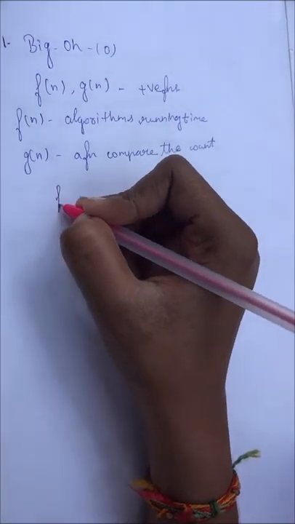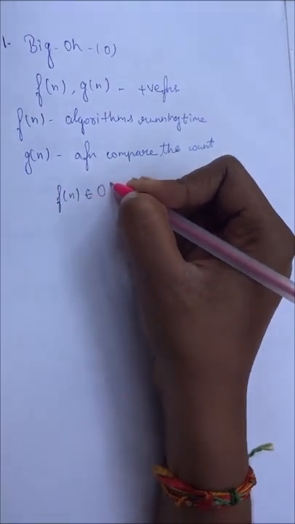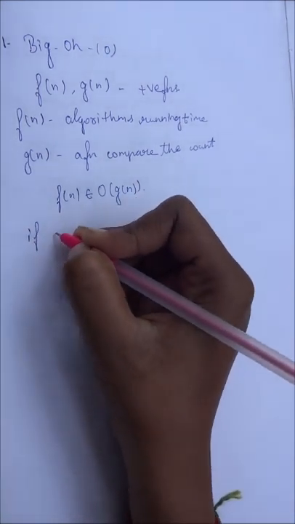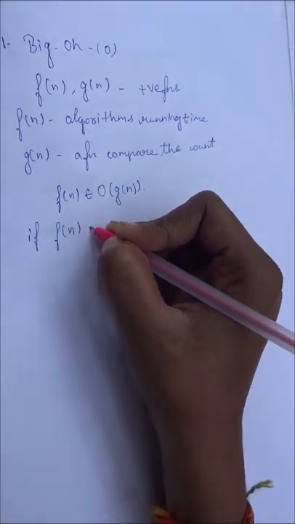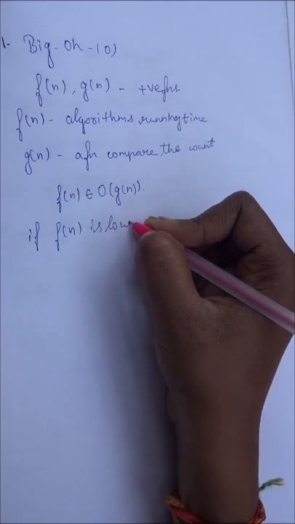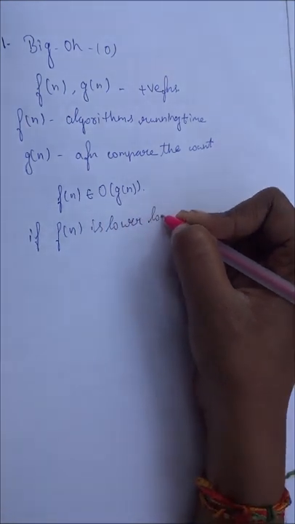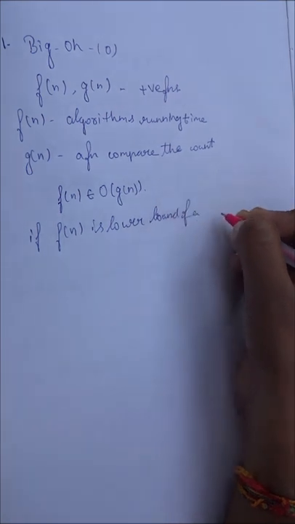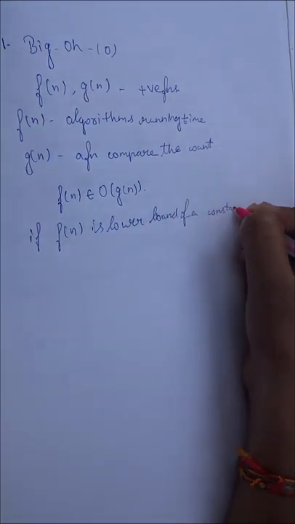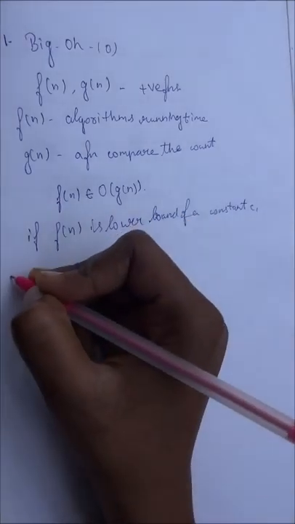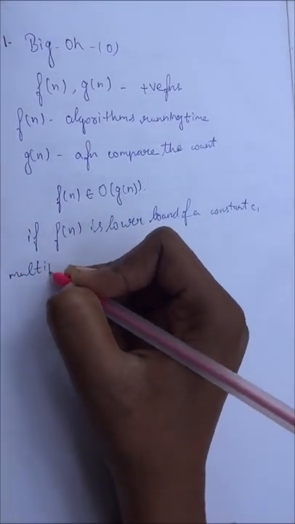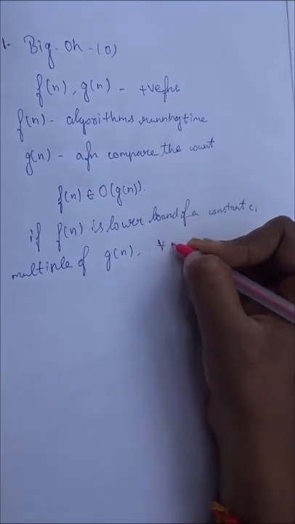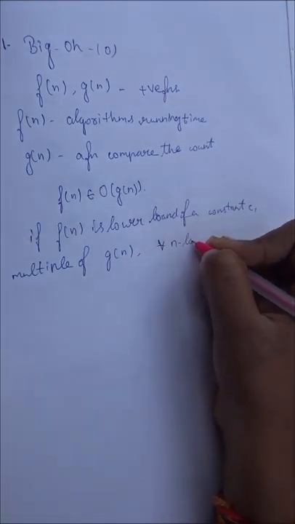We say f of n belongs to big O of g of n only if f of n is bounded above by a constant multiple of g of n, for all n large.